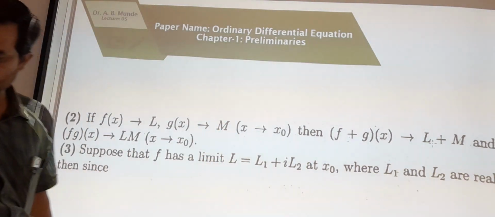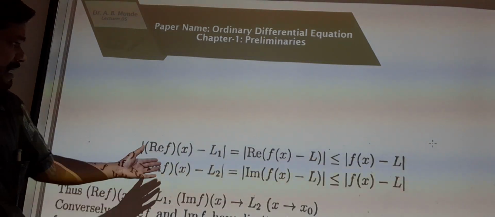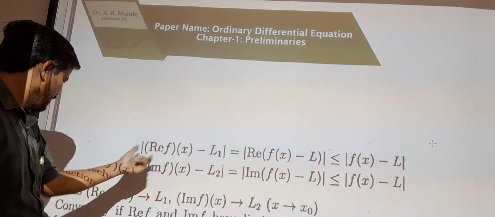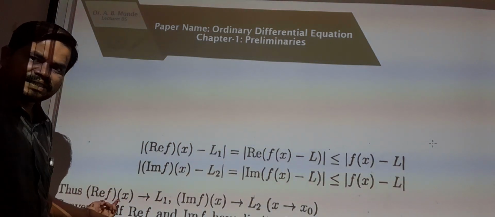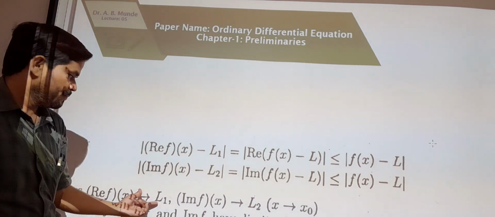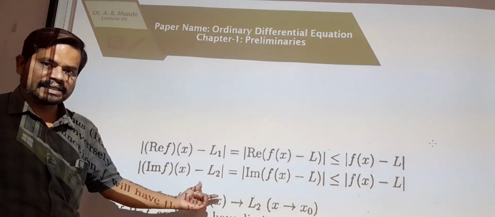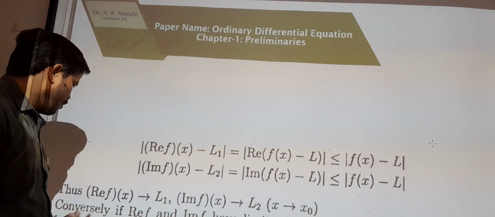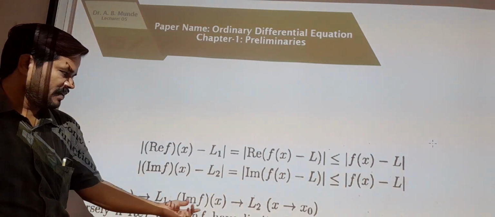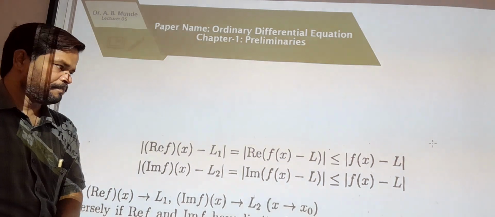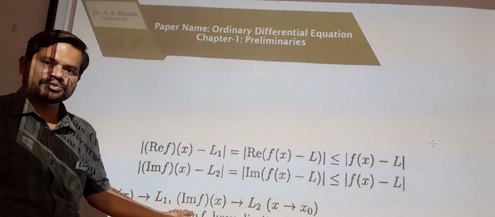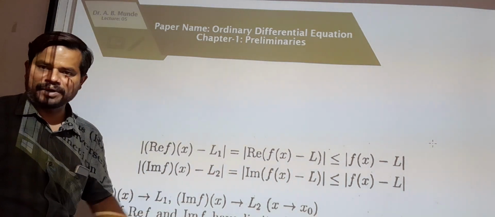Then these expressions are satisfied, and thus we can say that the real part of f tends to L1 and the imaginary part tends to L2 as x tends to x0. Conversely, if Re f and Im f have limits L1 and L2 respectively at x0, then the function f will have the limit L equal to L1 plus i L2 at the point x0.